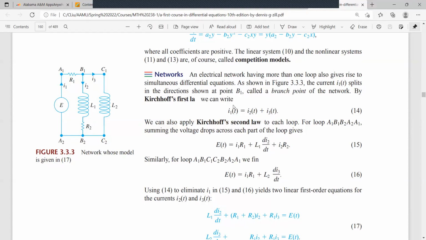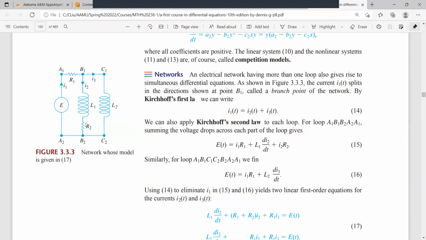First, the current I1 will be the sum of I2 and I3, because it just splits at point B1. I1 just splits into I2 and I3 at point B1. This is from the conservation of charge. And then, just like before, we can set up a differential equation for each loop.